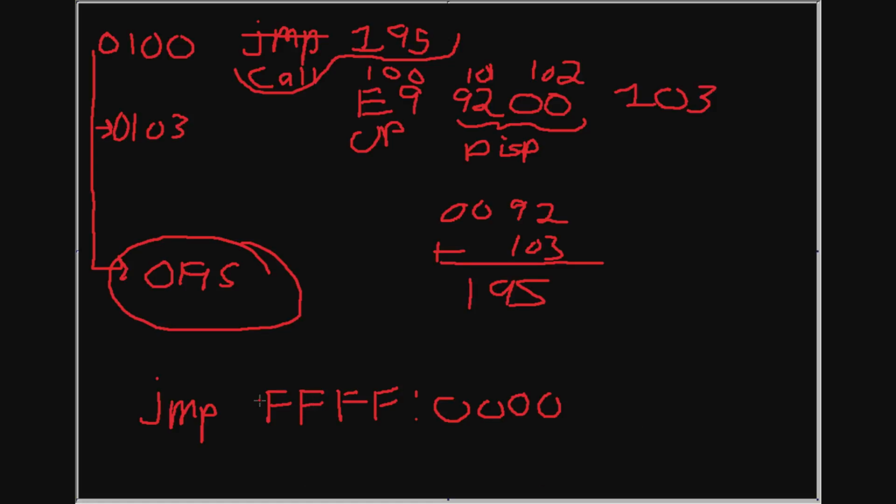So this is a far jump because you're jumping from whatever segment you're working with into a different segment, and it's an absolute jump because you're not jumping relative to anything; you're just jumping to this address right here. So it's an absolute and a far jump.